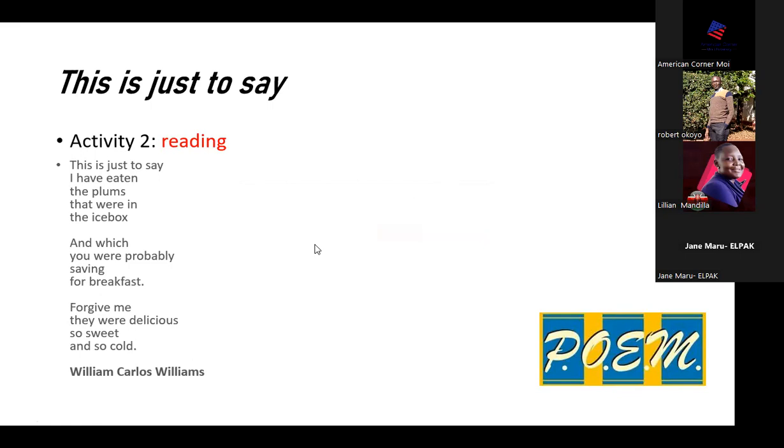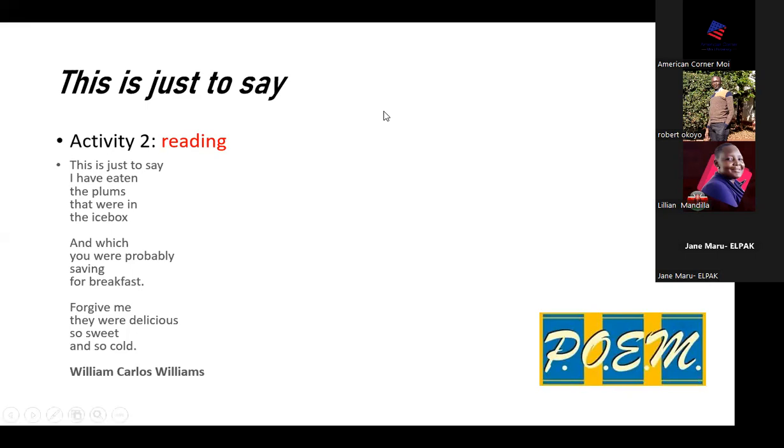And if there's any other change that you'd like to make, you can also make. Then we are going to compare the two poems by William Carlos Williams and ELPAK members. So we can go ahead and do that. I hope I'm clear on that.